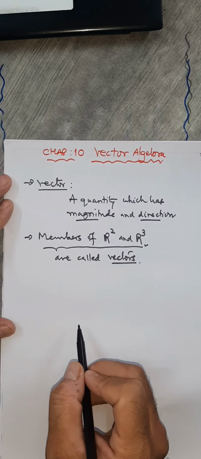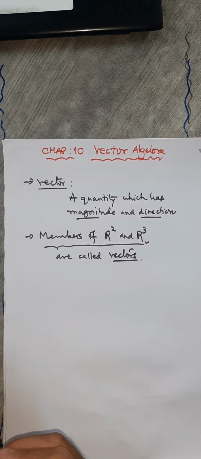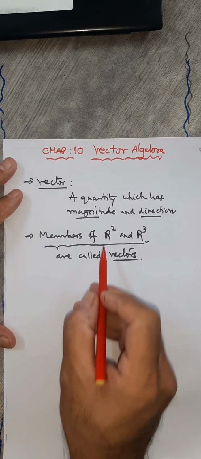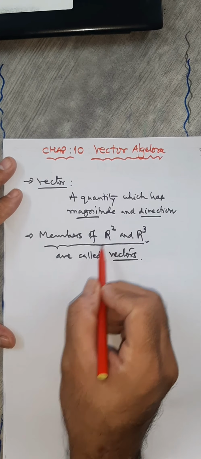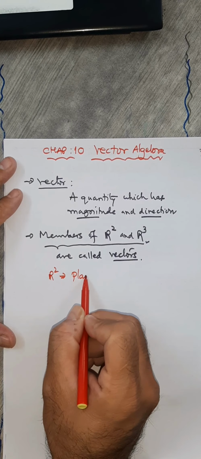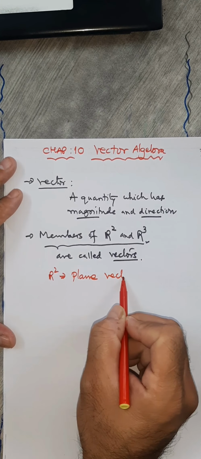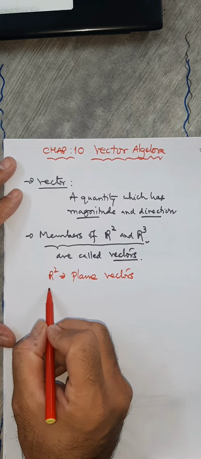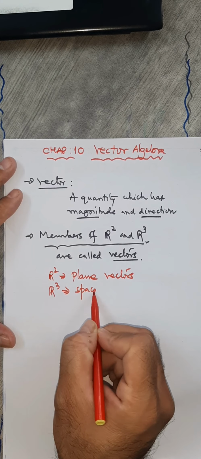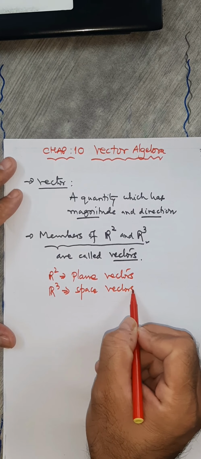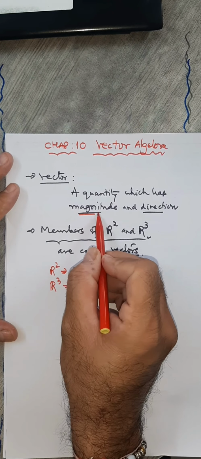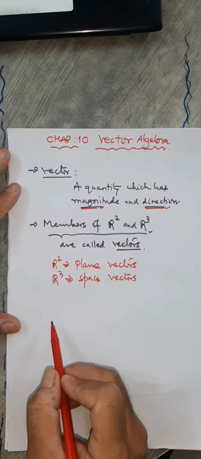If you pick up any vector which has two components in R2, they are called plane vectors sometimes. And vectors in R3 are called sometimes space vectors. Right. So every member of R2 and R3 will have magnitude as well as direction both.